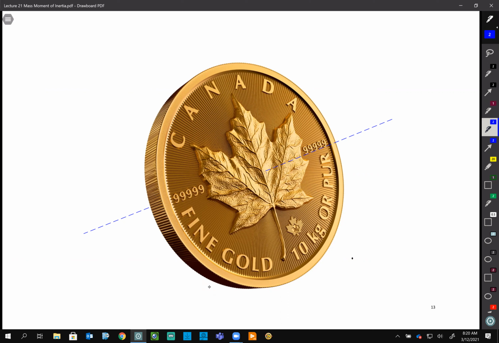If we don't, because we probably have the density of the gold, we can find the radius, assuming that we know the thickness. So what is I about this axis? Again, similar to the previous example, it is 1/2 m r squared.